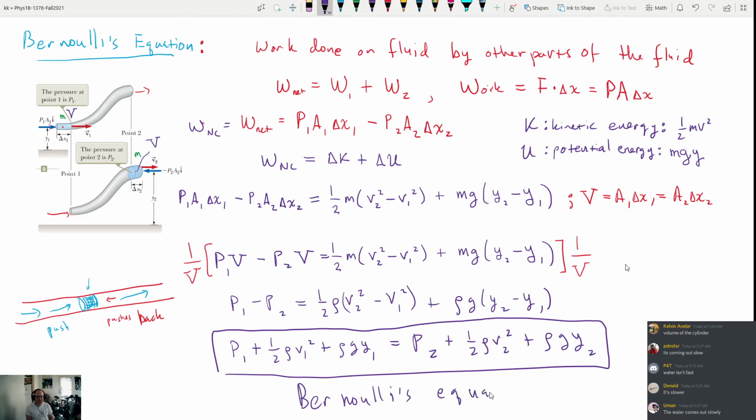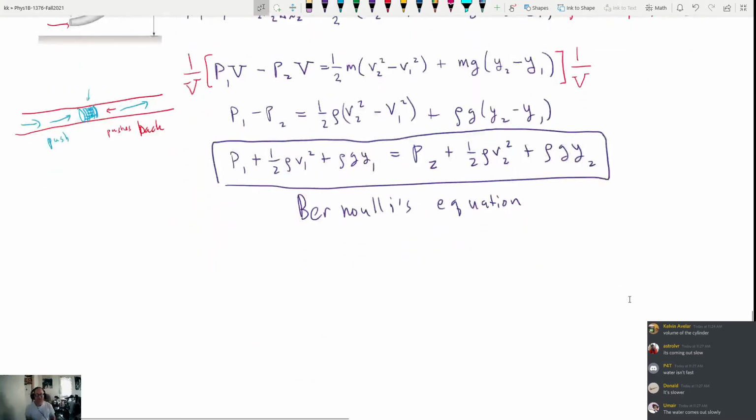And it's often written in a slightly different form. Basically, if you look at the left and the right-hand side, they have all the same form except for these subscripts. So what you can do is say that for a fluid, the pressure plus 1/2 density times velocity squared, which is basically its kinetic energy per volume, plus rho g times the elevation, is a constant.